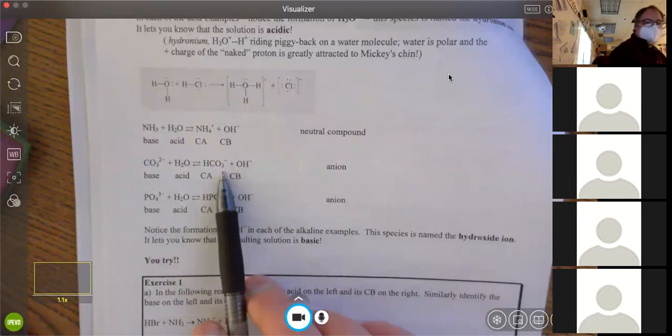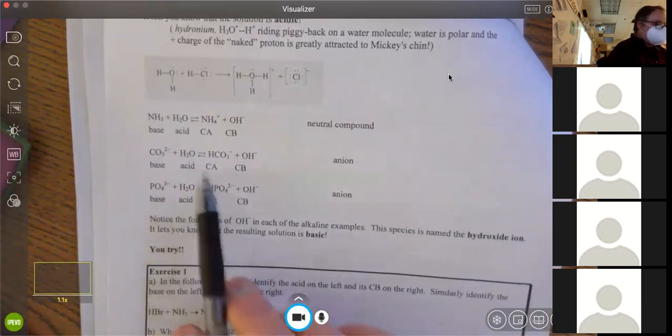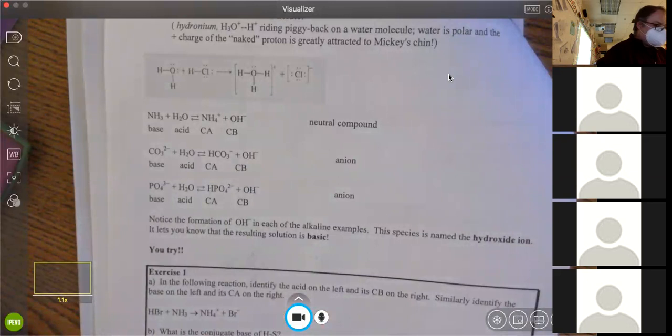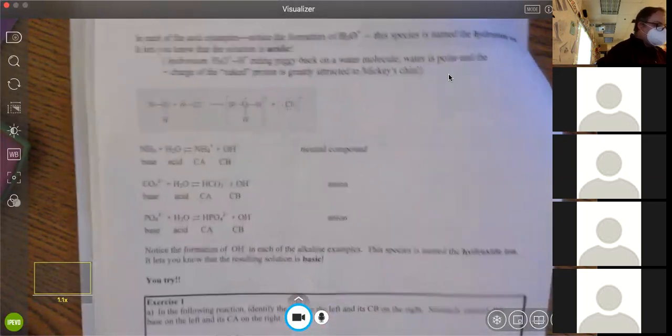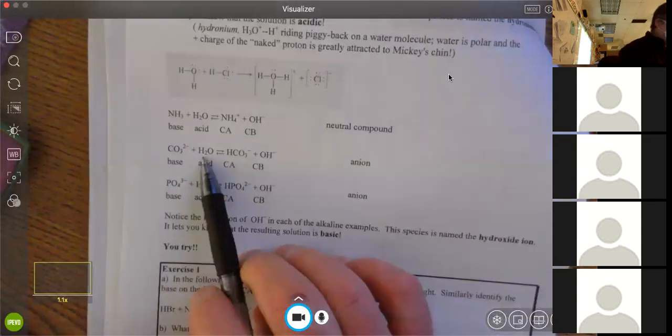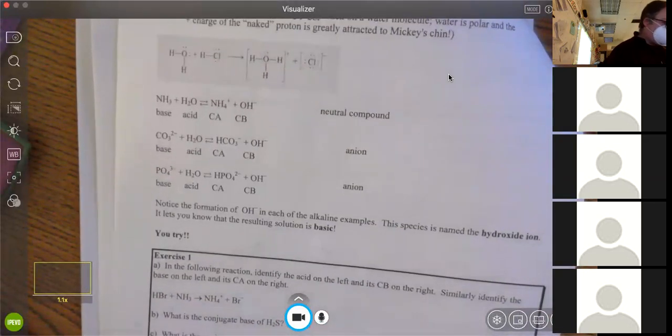It could accept another hydrogen and act as a base. It is still called the conjugate acid of this base in this reaction. So in the first set, H2O is acting as a base. In the second set, H2O is acting as an acid, to give you that idea of the amphoteric substance, H2O.